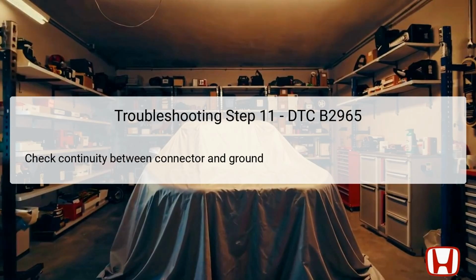At this final troubleshooting step, continuity must be checked between rear AC control unit connector B terminal number 3 and the body ground. This test assesses whether there is a complete electrical circuit, which is crucial for the operation of the rear AC control unit.